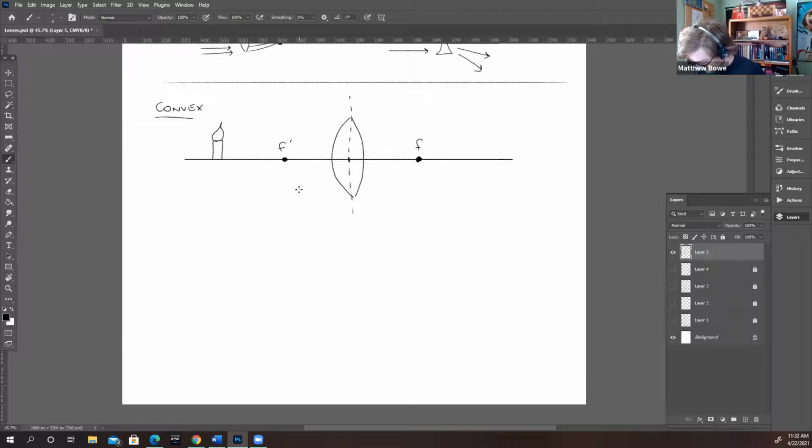So here's a candle, and it's placed a bit far away from the lens. Here is where it's positioned, right here. And this distance from where it sits all the way from the center of the lens, that is the object distance. I don't want to keep all of these lines in here, so I'm going to put that just like that. So that's where it sits.